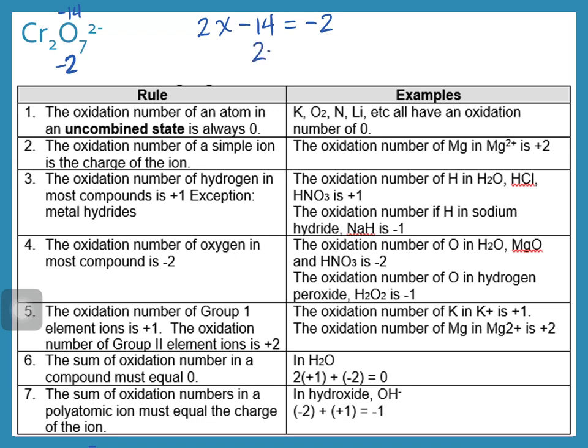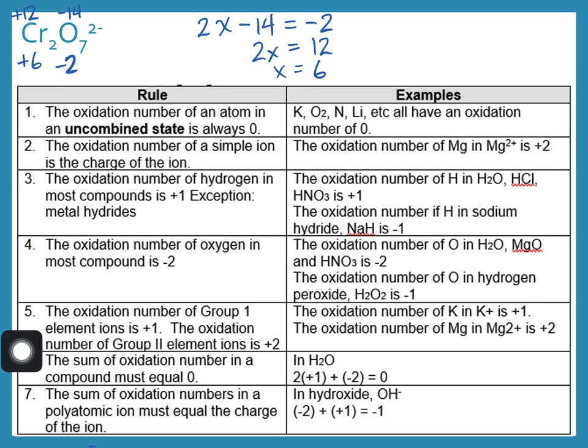So the 2 chromiums together need to equal negative 2 plus 14, or 12, which means each chromium is equal to a positive 6. So for each chromium, I would write plus 6 on the bottom, and if I want to keep track, that's a plus 12. So 12 take away 14 is equal to the negative 2 there.